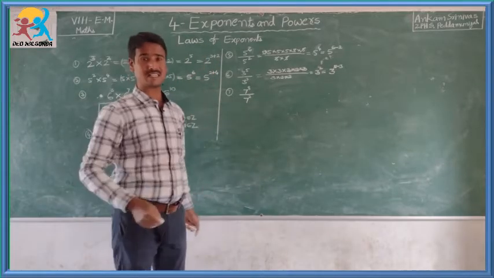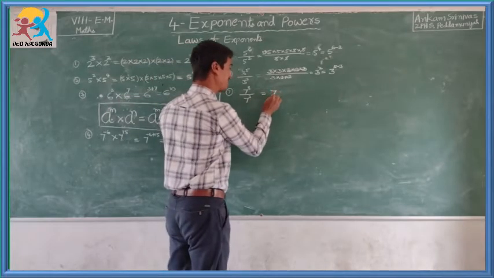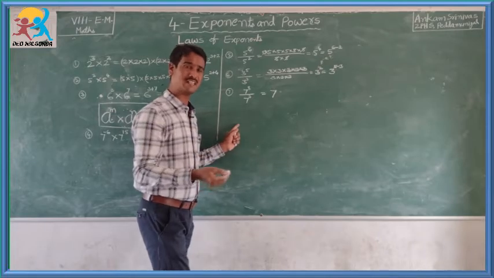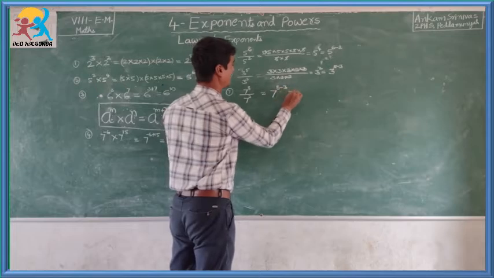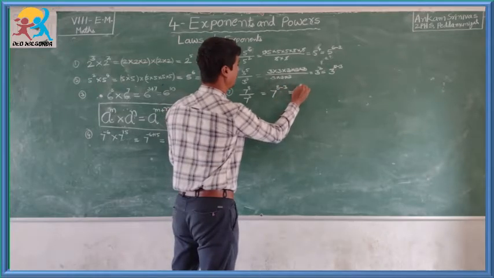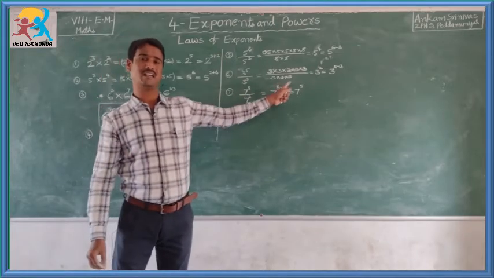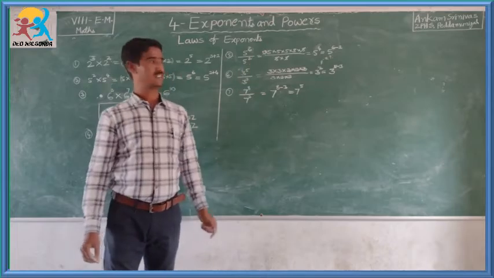Can you expect this answer? Yes. What is the answer? 7 power 8 minus 3, 7 power 5. Clearly we can give the direct answer without doing the simplifications.